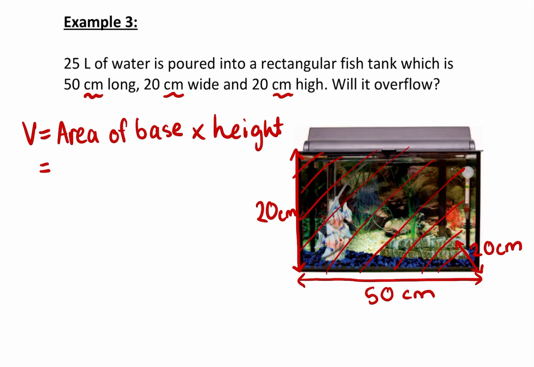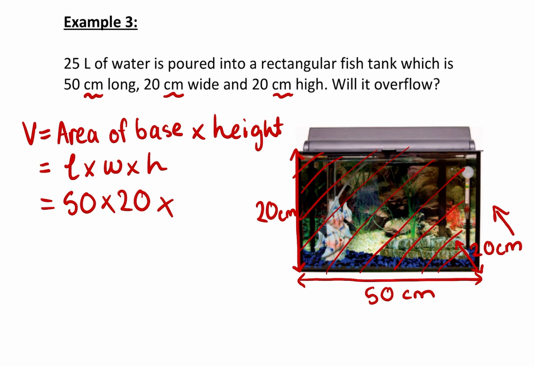Then we need to multiply by 20 centimetres over here because it's been extended 20 centimetres in a third dimension. So it's just going to be like the length times the width times the height. So 50 by 20, that gives us our rectangular base, our face that we just shaded in.